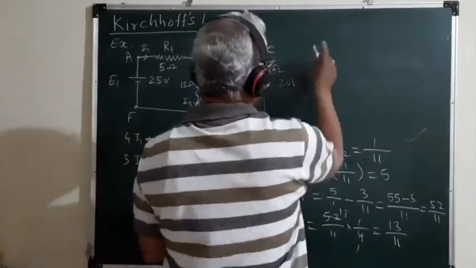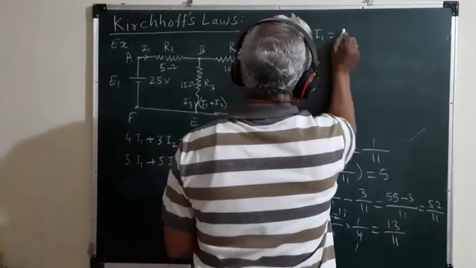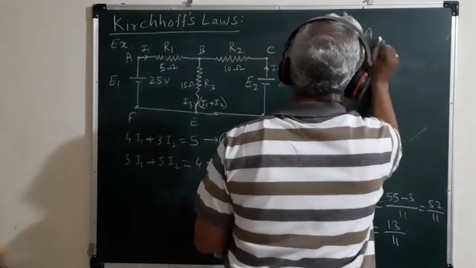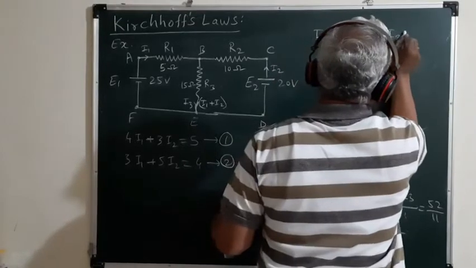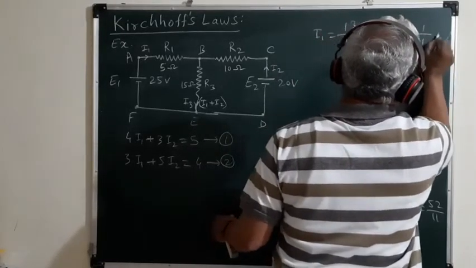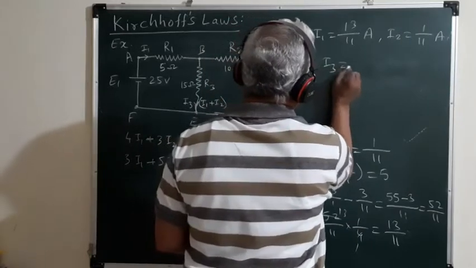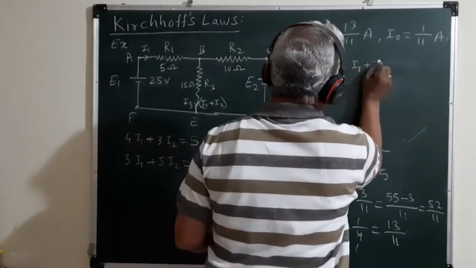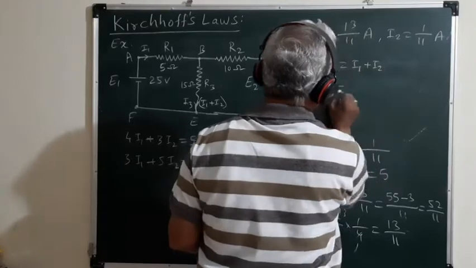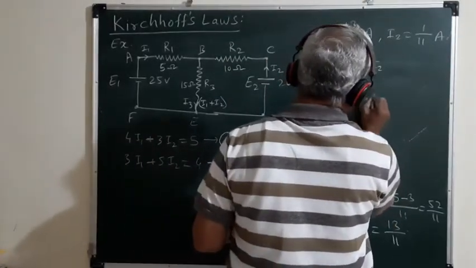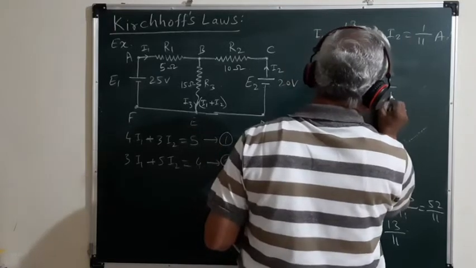So we have I1 equal to 13 by 11 ampere, I2 equal to 1 by 11 ampere. Therefore, I3 is equal to I1 plus I2, so it works out to be 13 by 11 plus 1 by 11.